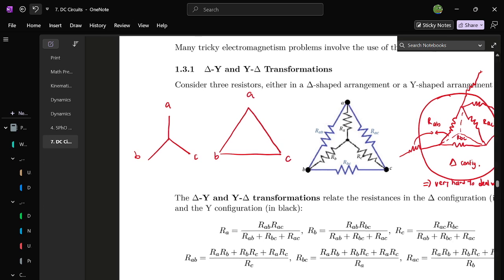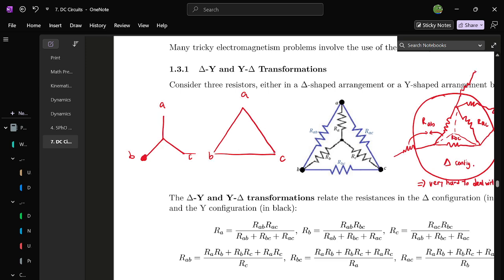Let's say you have this, and let's say you consider 2 points here, B and C. It can be connected to some voltage source or anything. This configuration here gives you an effective resistance of simply RB plus RC, because this branch is useless.